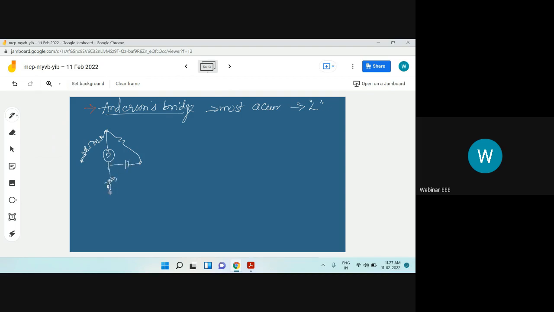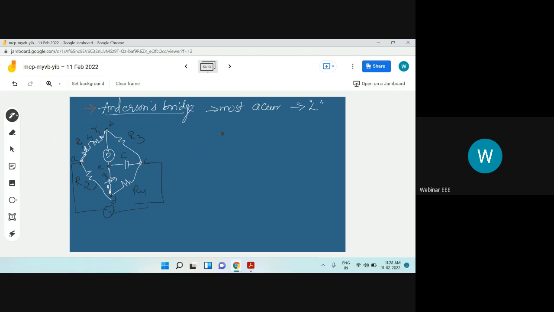So this is how the bridge construction will be. R1, L1, small r1, A, B, C, D, and this is the 5th point E. Here this is R2, and this is variable resistance small r, and this is R3, and this is R4, and this is our capacitor. So this is how Anderson's bridge is constructed.